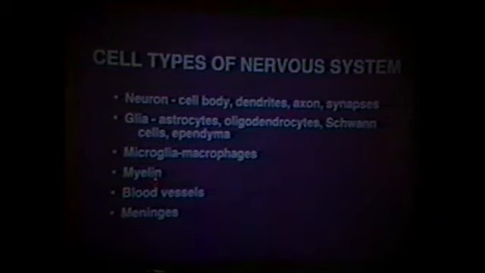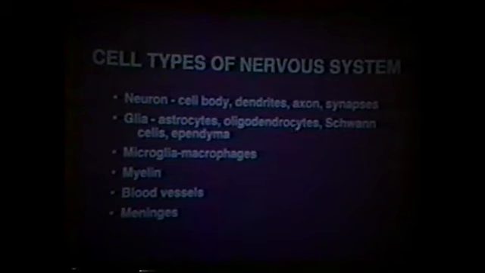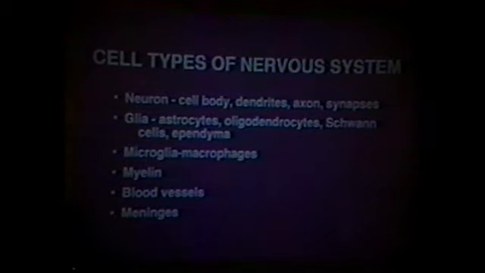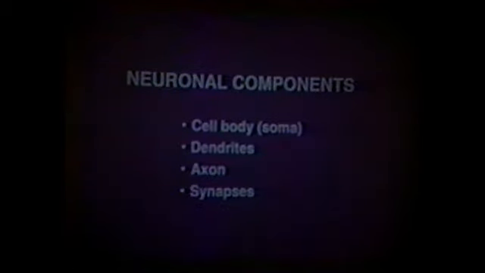Myelin is a special insulation formed by, as we mentioned earlier, the Schwann cell or oligodendrocytes, forming segments along some of the larger axons, and basically being a product of these cells. Of course, there are the blood vessels with the blood-nerve barrier and blood-brain barrier, and lastly the coverings, or meninges. I'll briefly show some of the aspects of these elements, and then get into the toxicology.